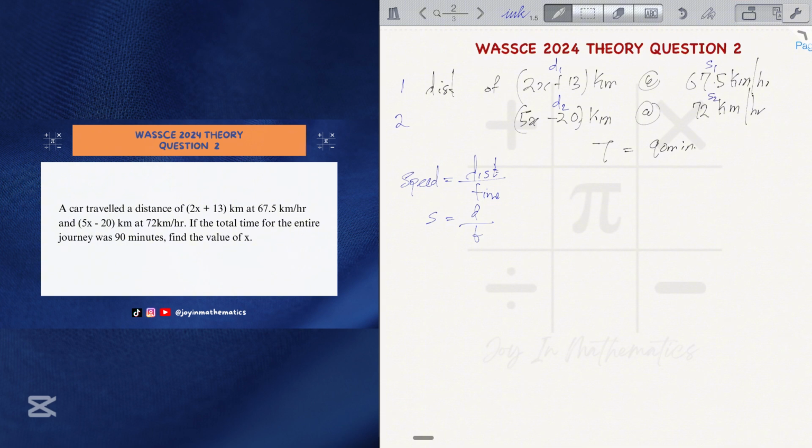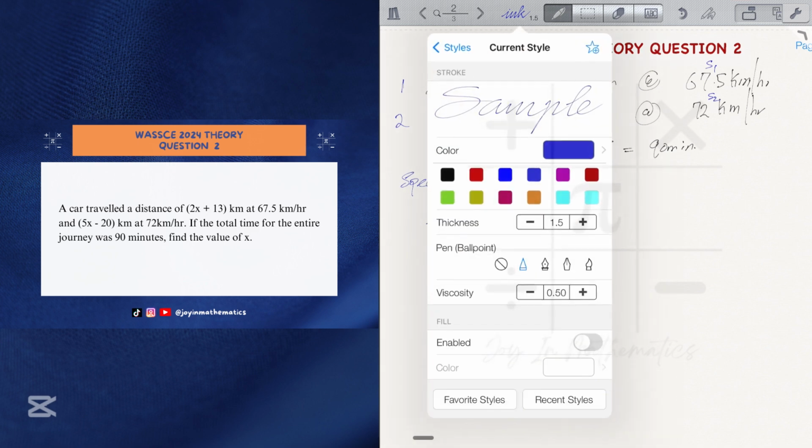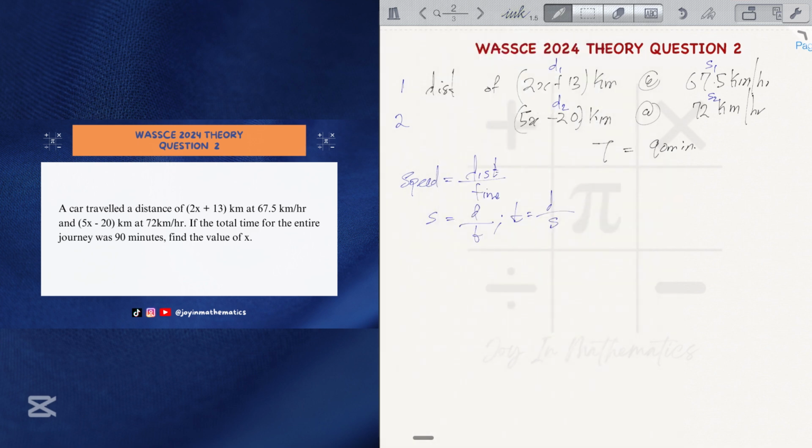Making time the subject, T equals distance divided by speed. So we can evaluate time T1 and time T2: T1 equals D1 divided by S1, and likewise T2 equals D2 divided by S2.